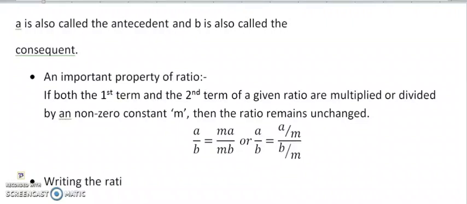Okay, now writing the given ratio in its lowest term.